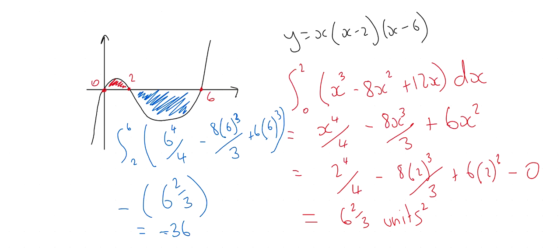All right. So when I put them together, I'm going to add 36 to 6 2/3, which gives us 42 2/3 units squared. That is my area.